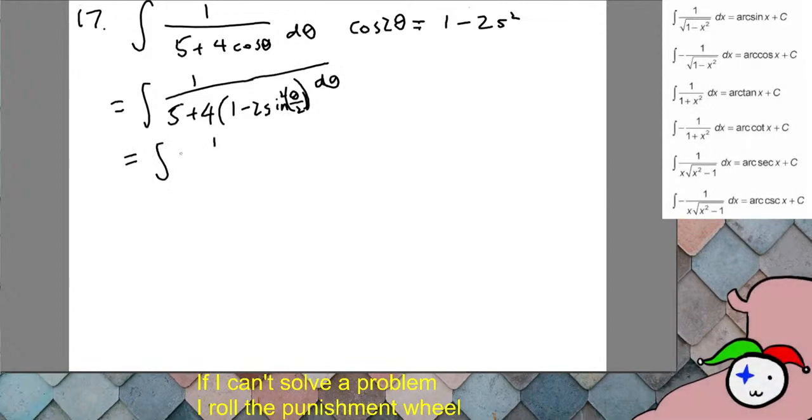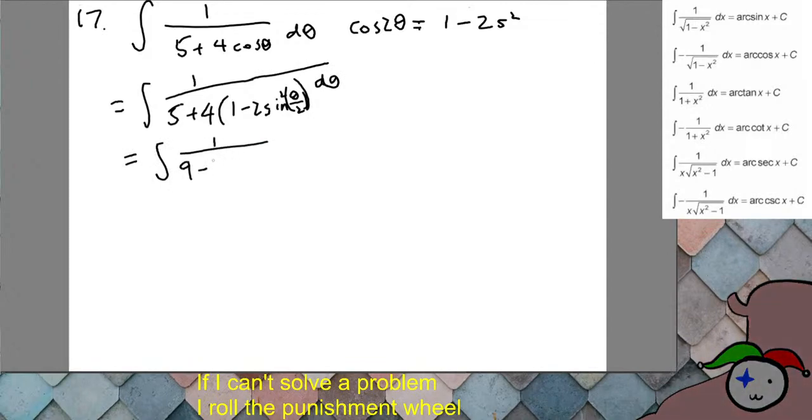So 1 over 9 minus 2 sine squared theta over 2.